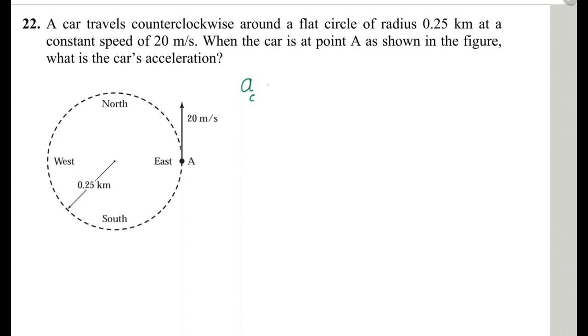So central acceleration equals v squared over r, or 400, because it's 20 meters per second, so 400 divided by the radius, 0.25 kilometers or 250 meters. So a central in this case equals 1.6 meters per second squared.